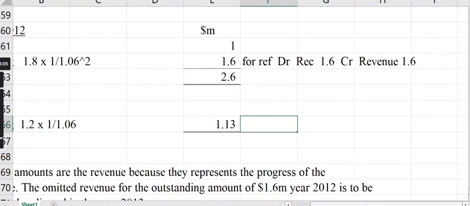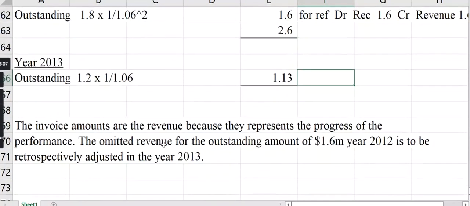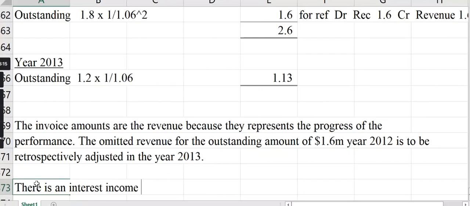Okay, so let's see. There is an interest income of 1.6 times 6%. 1.6 times 6% is about 0.1 there.